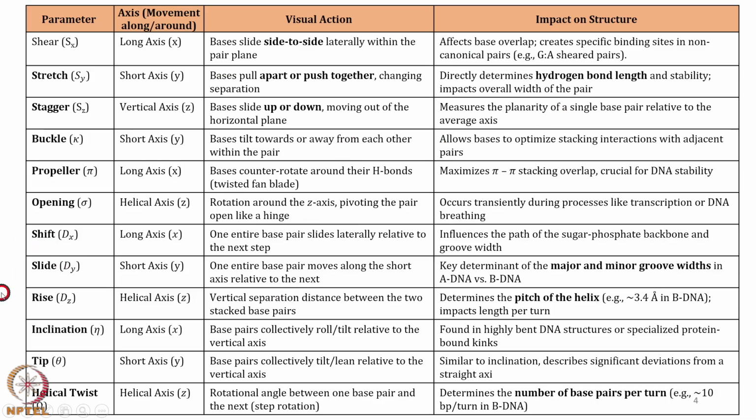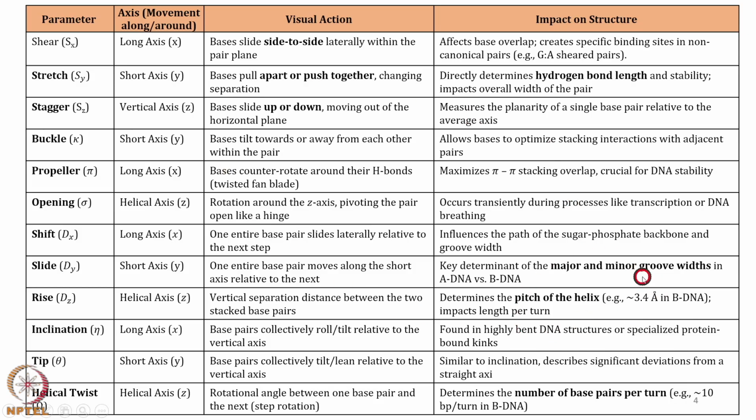Similarly, sliding is a key determinant for major and minor groove width in A DNA or B DNA. This is again because of how the base is stacked. Rise gives you the pitch of the helix, 3.4 angstrom in B DNA.